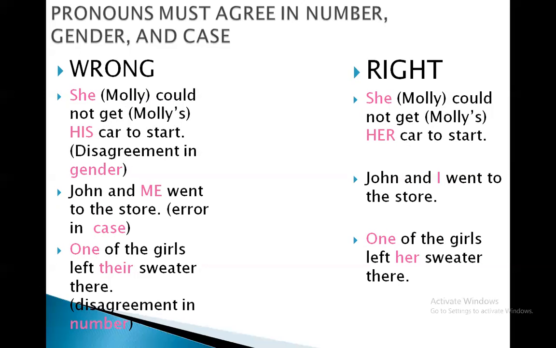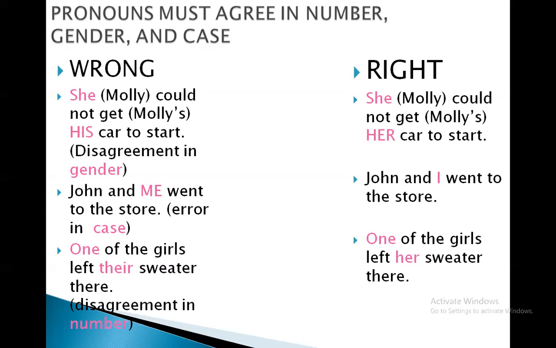But here on the right side you have a right sentence. "John and me went to the store," not exactly me. Here it should be "John and I went to the store," because me is an objective case, I is the subjective case.